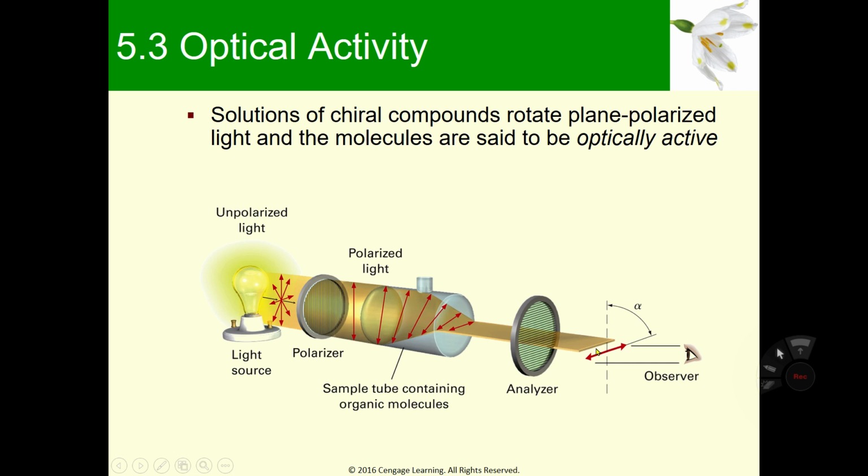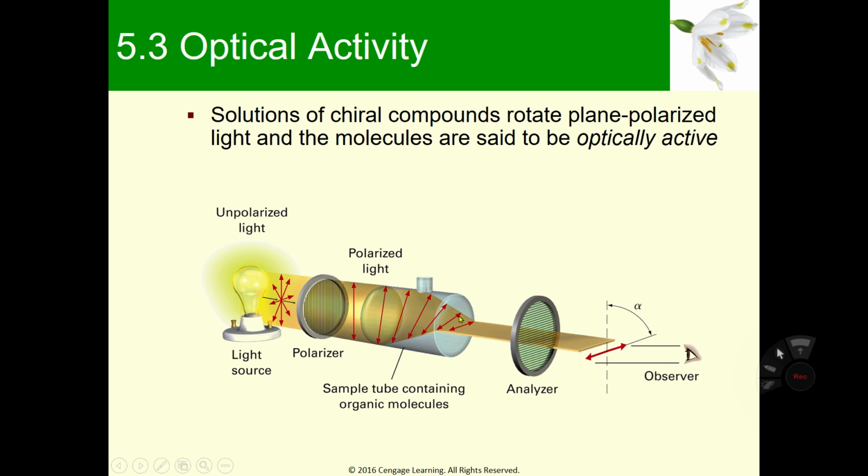You rotate this analyzer 0 degrees, 1 degree, 10 degrees, and so on, until you see the light pass through. If the light passes through, that means the direction of this analyzer is the same as that of the polarized light after passing through the samples.